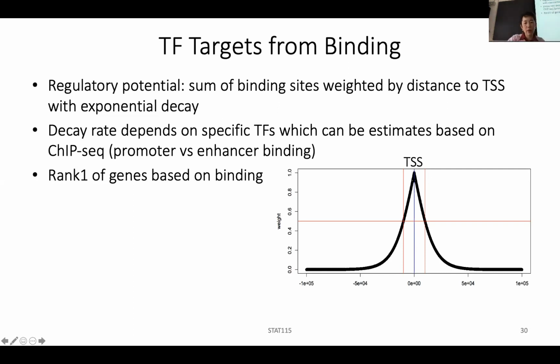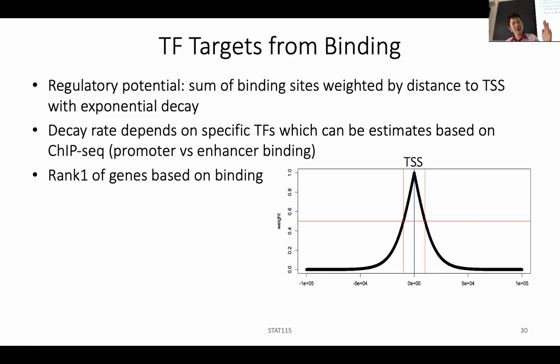And this is weighted by this exponential decay, which means, for example, if the decay distance is 10, and actually for a lot of transcription factors we use a decay distance of 10 kb, then if a transcription factor binds right on the transcription start site, that counts as one binding site. But if it binds 10 kb away, it will only be half.